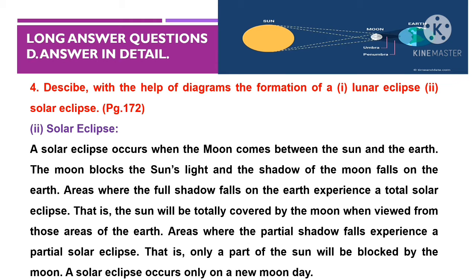That is, the sun will be totally covered by the moon when viewed from those areas of the earth. Areas where the partial shadow falls experience a partial solar eclipse. That is, only a part of the sun will be blocked by the moon. A solar eclipse occurs only on a new moon day.